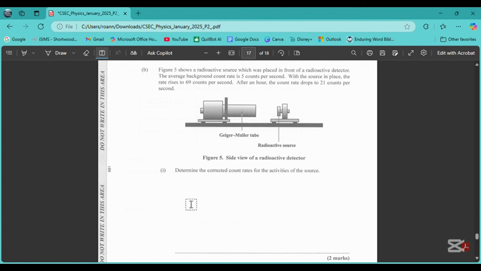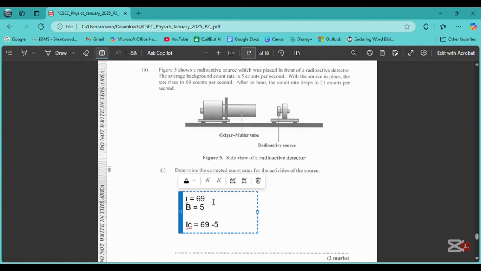So now our initial total count rate, let's say I for initial, is 69 counts per second. And the background count rate, let's say B for background, is 5 counts per second. And the corrected initial count rate, let us use IC for corrected initial count rate, would be 69 minus 5.